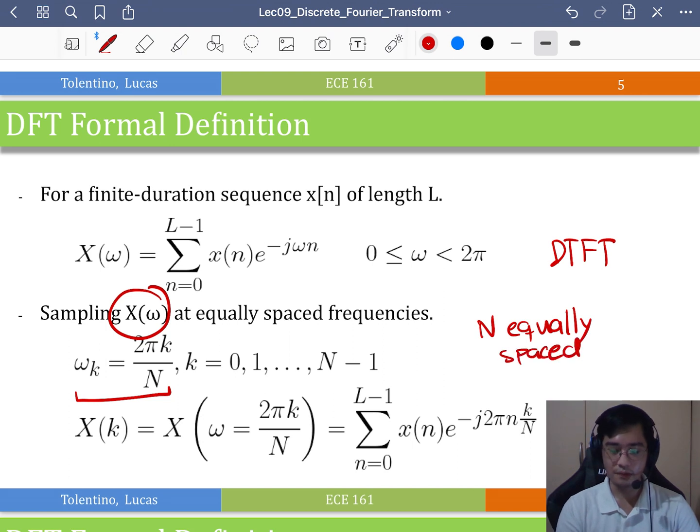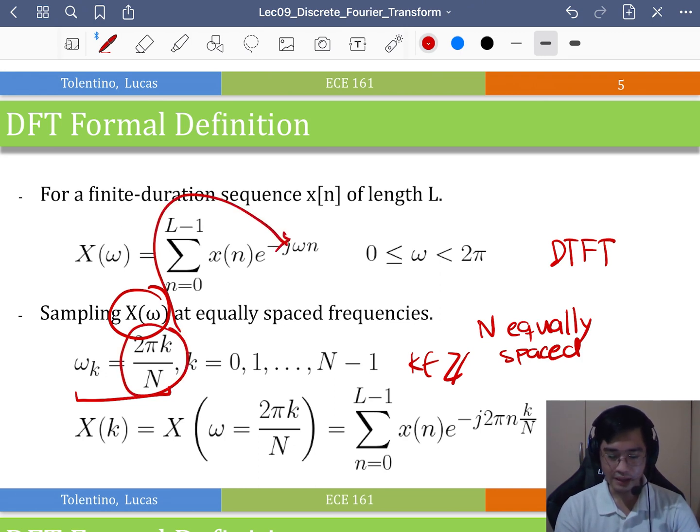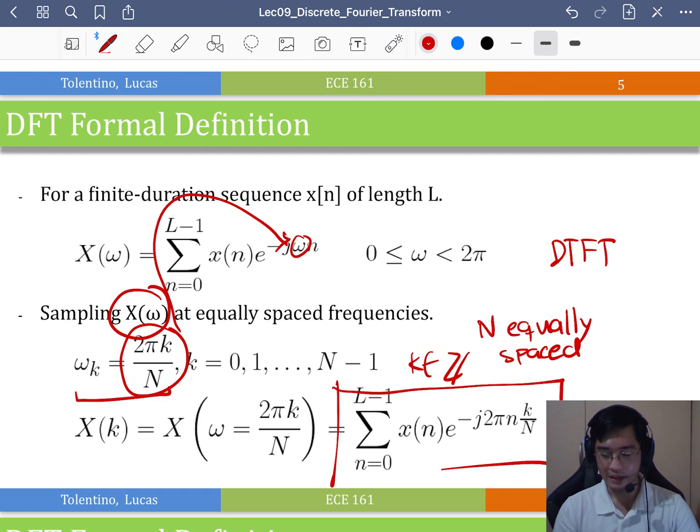If our range of frequencies in the DTFT is from 0 to 2 pi, then we are taking points spaced 2 pi over capital N apart, where k is an integer. If we substitute this omega, we now have this formula. This is now our DFT expression.